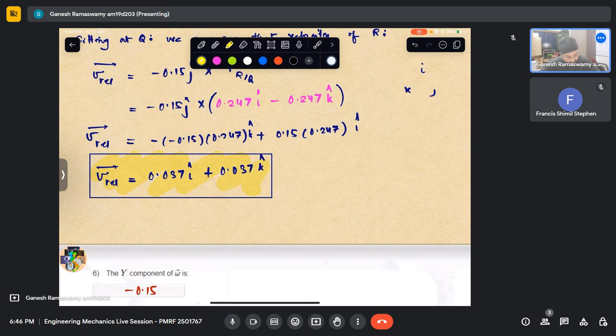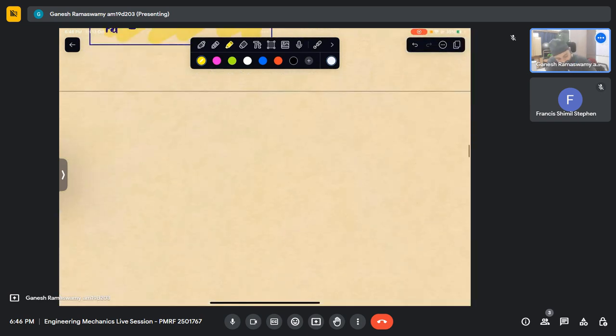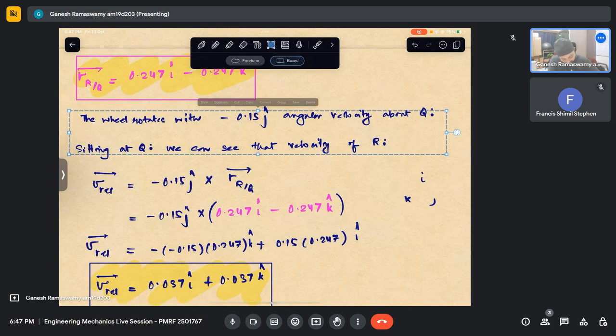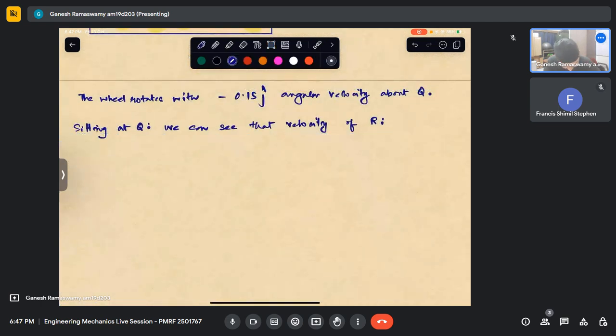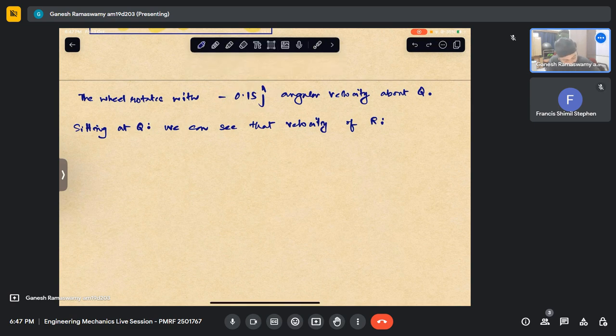So let me calculate AREL also. I'll just take this again. Sitting at the wheel, it rotates with this angular speed, constant, and this quantity is constant by the way. Sitting at q, we can observe the acceleration of r.